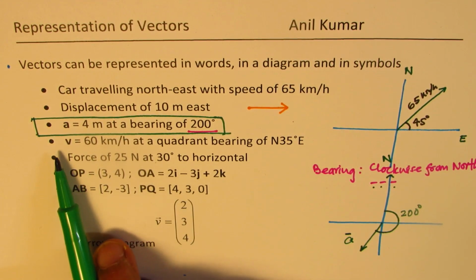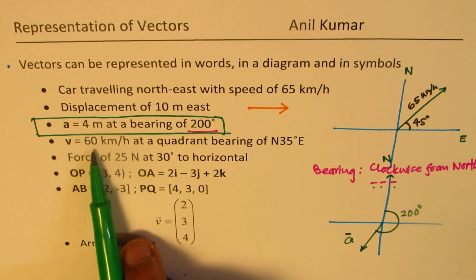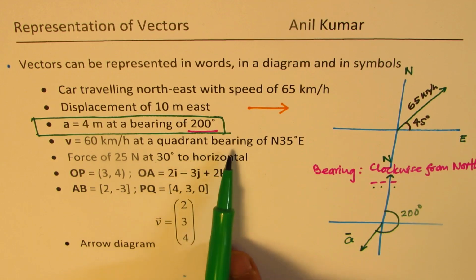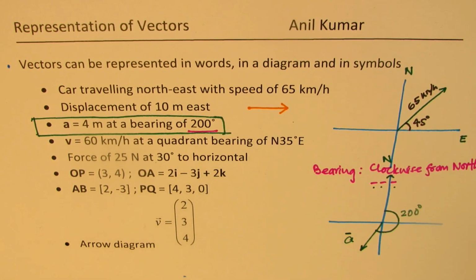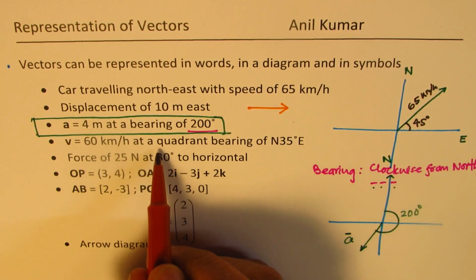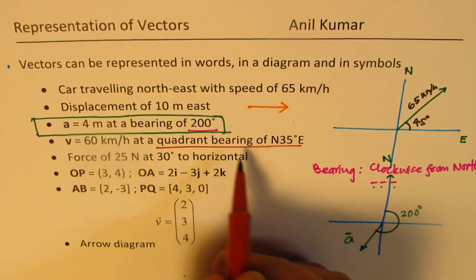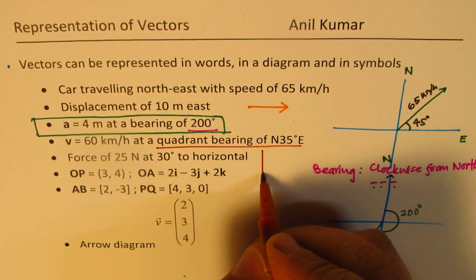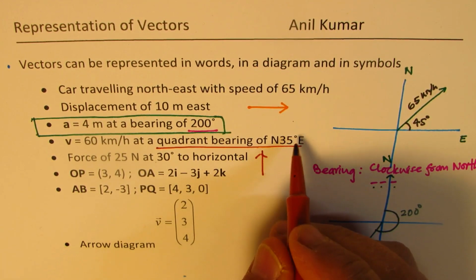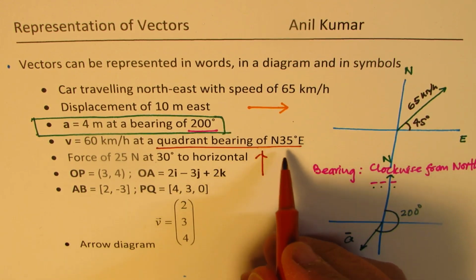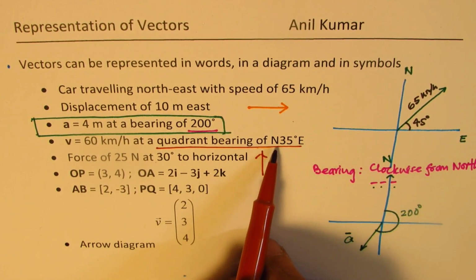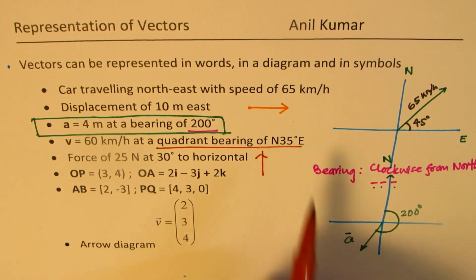Okay. V equals 6 kilometers per hour at a quadrant bearing of from north 35 degrees east. Now this is another convention. When we talk about quadrant bearing, then we are measuring from either north or south, right? In this case, it is saying from north 35 degrees east.